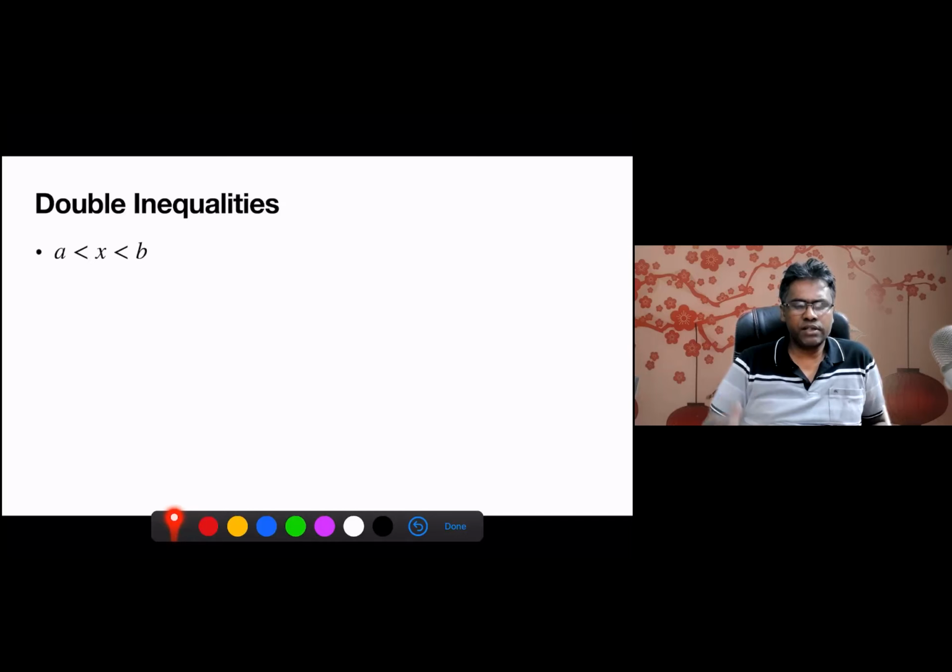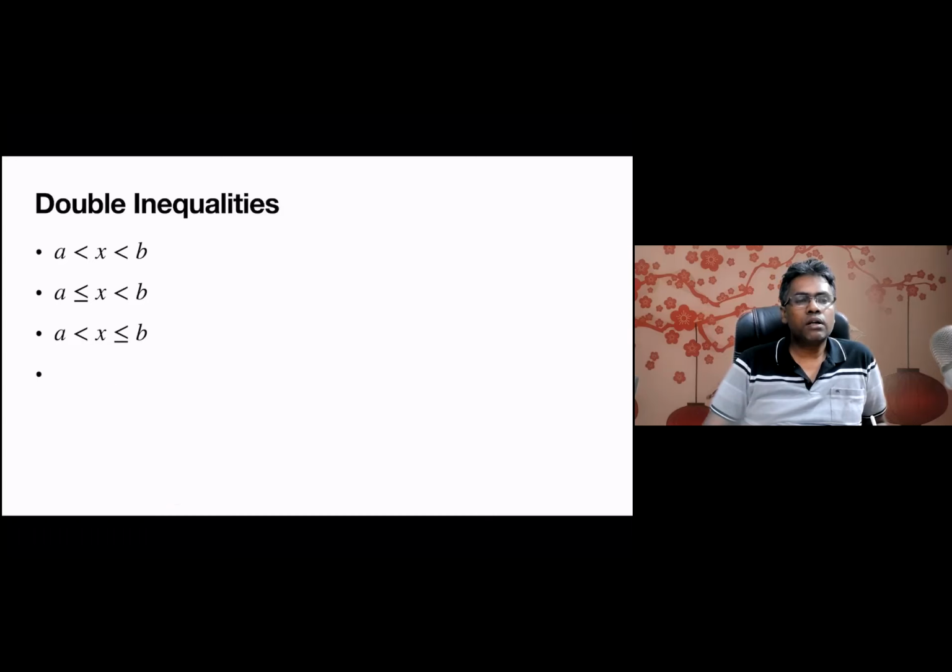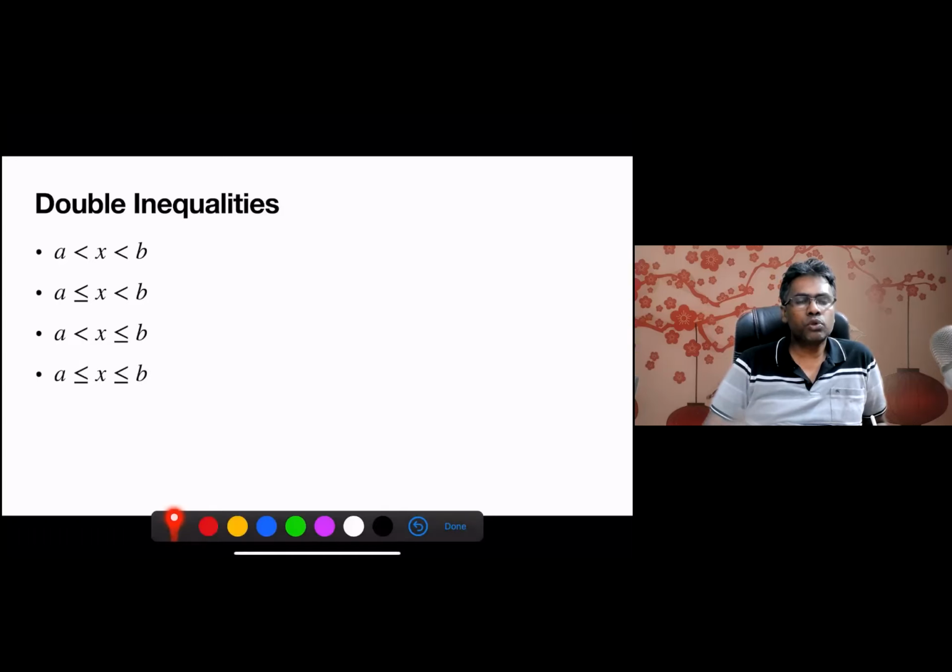You understand this, Sidhu? Yes, sir. Then you can have a variation. This time the lower bound is included and the upper bound is not included. In this case, your upper bound is included and the lower bound is not included. And here both are included.